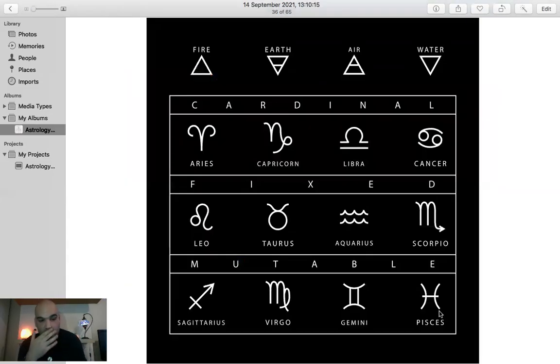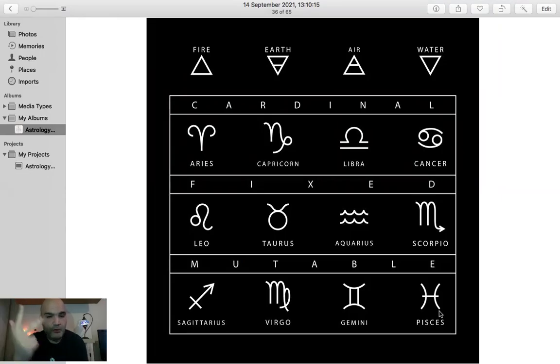So that was just a quick brief introduction into the basics of what the four elements are. But what we need to understand is, although there are four elements, there are 12 signs. So the way it works is that each element has 3 signs. So the 3 fire signs, like mentioned before, are Aries, Leo, and Sagittarius.